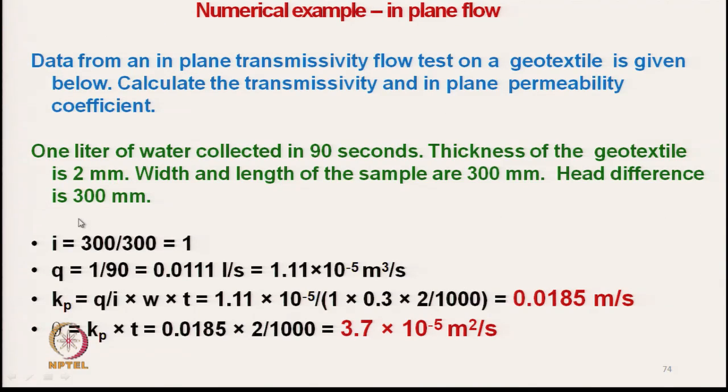Head difference is 300 millimeter. So, I comes out to be 300 by 300, which is 1, and Kp we can calculate as 0.0185 meter per second, and theta is 3.7 multiplied by 10 to the power minus 5.